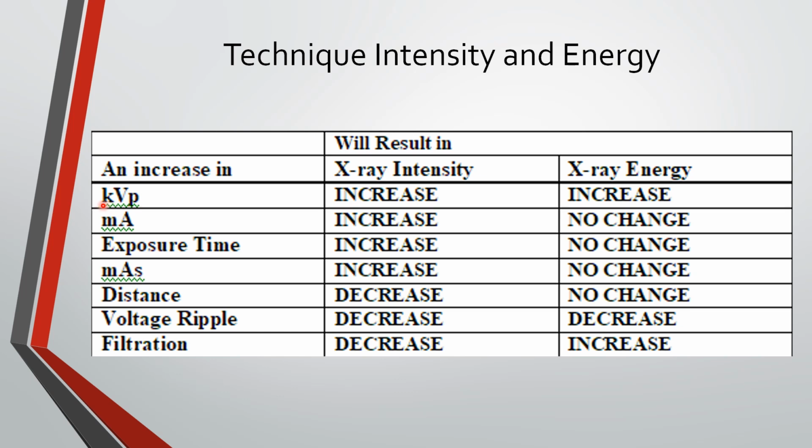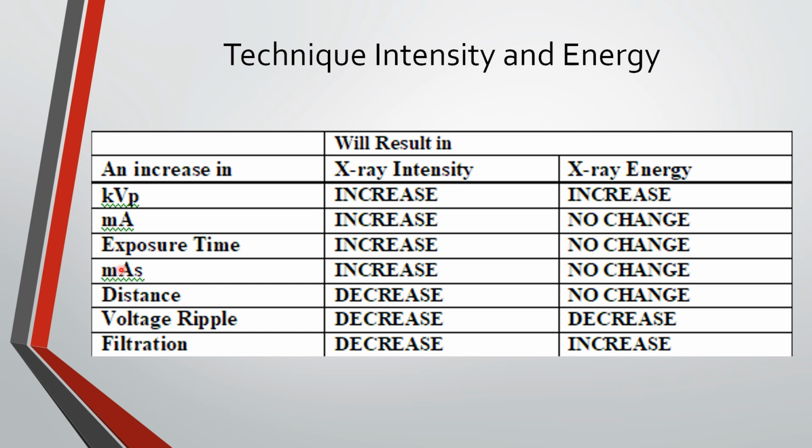So with an increase in kVp, the X-ray intensity will increase, and the energy will increase. With mA, exposure time, or mass, because mass is just a combination of these two, if we increase one, it increases this.